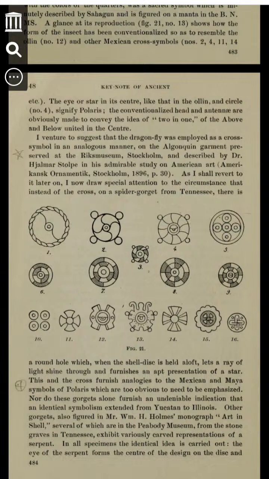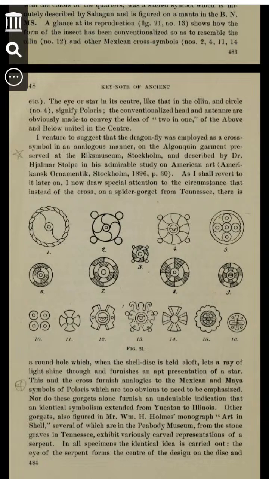The eye or star in the center. So when y'all be seeing that eye in the center, yeah, it represents different things, but at its root that was Polaris, because that was an actual star. All seeing eye, whatever y'all want to say, all of that goes back to this.